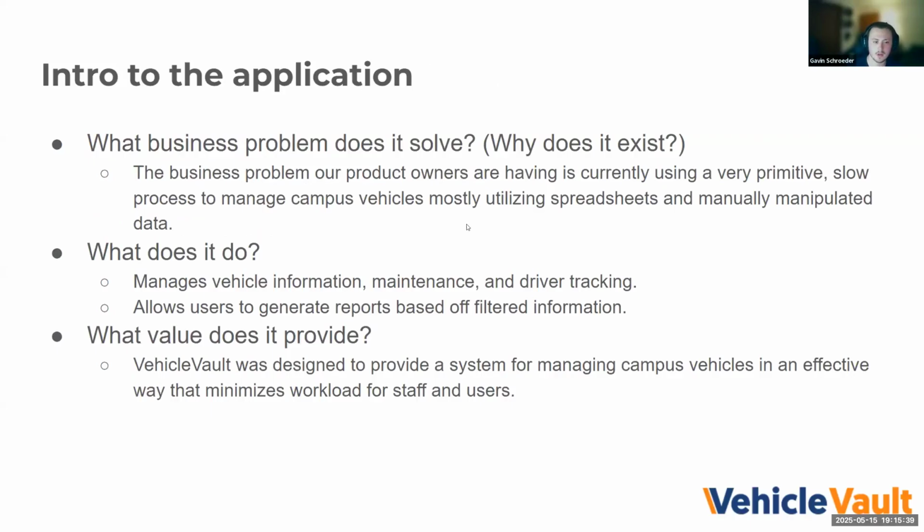They were currently using a very primitive and slow process to manage it. Mostly all manual entries, spreadsheets. It was all paperwork. It was manually manipulated information that was very inefficient and hard for them to manage. Our system manages vehicle information, maintenance, and driver tracking. It also allows users to generate reports based on filtered information.